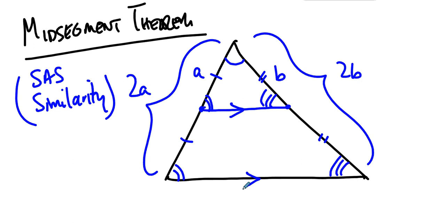And that's nifty to know. And they're in the ratio 1 to 2. So whatever the mid-segment length is, the opposite side is twice that. So the mid-segment is half as long as the third side of the triangle.